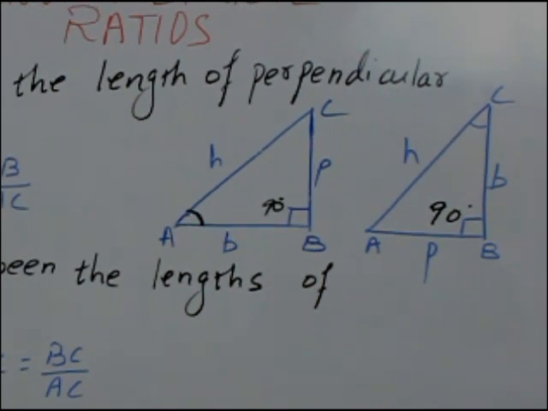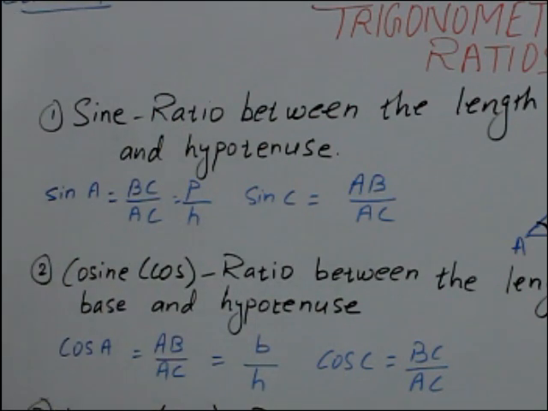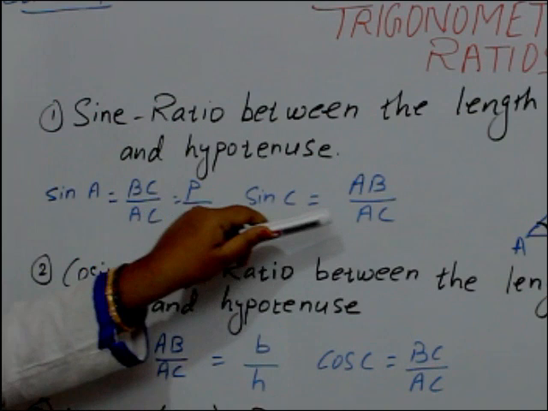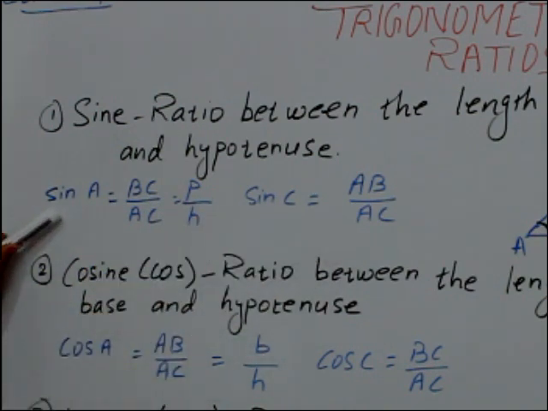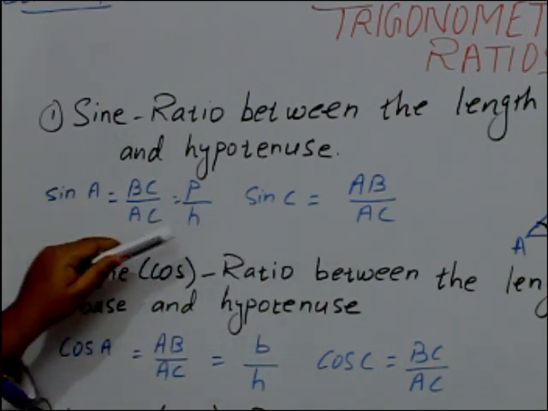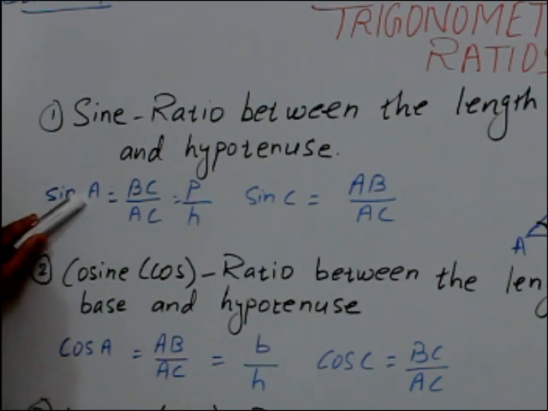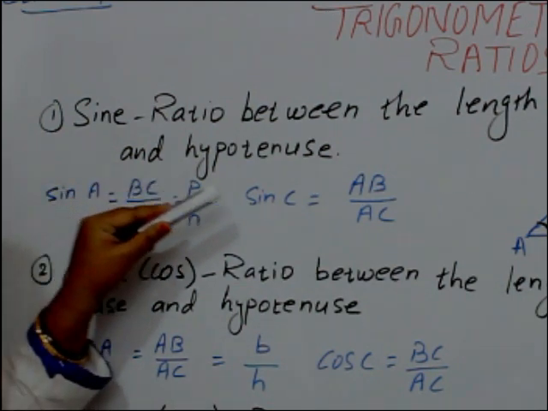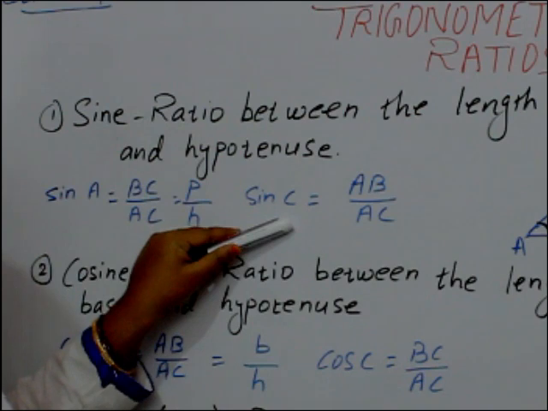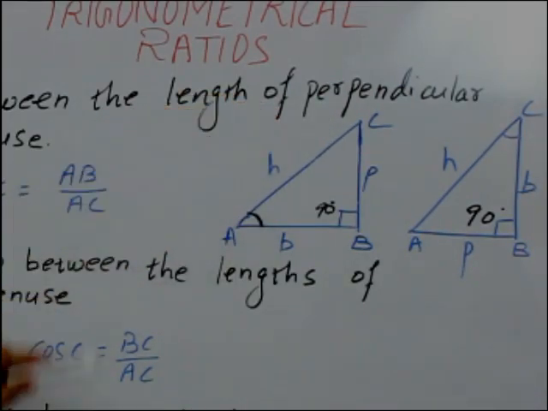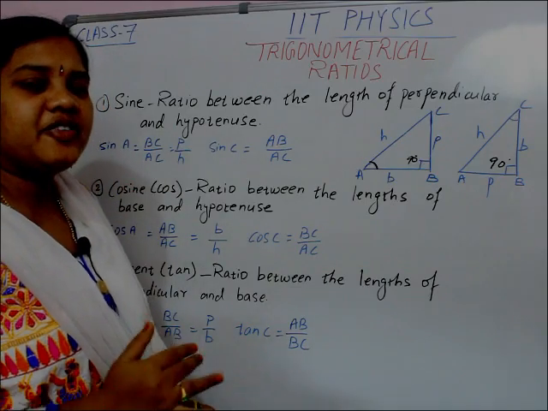Suppose sine A is equal to BC by AC, but sine C is equal to AB by AC. The reason is here the angle of reference is angle A, and here the angle of reference is angle C. So whichever acute angle you consider as the angle of reference, that value will be different from the other one.